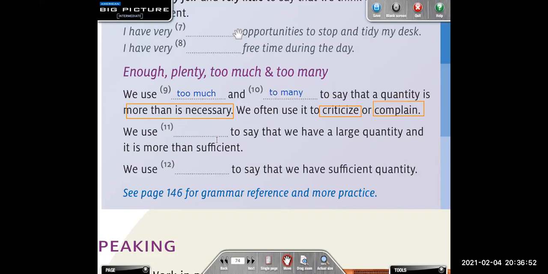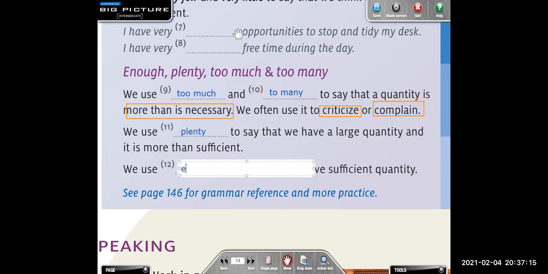Okay? We use to say that we have a large quantity and it is more than sufficient. What do you think this is? Plenty, right? Very good. And we use to say that we have sufficient quantity.